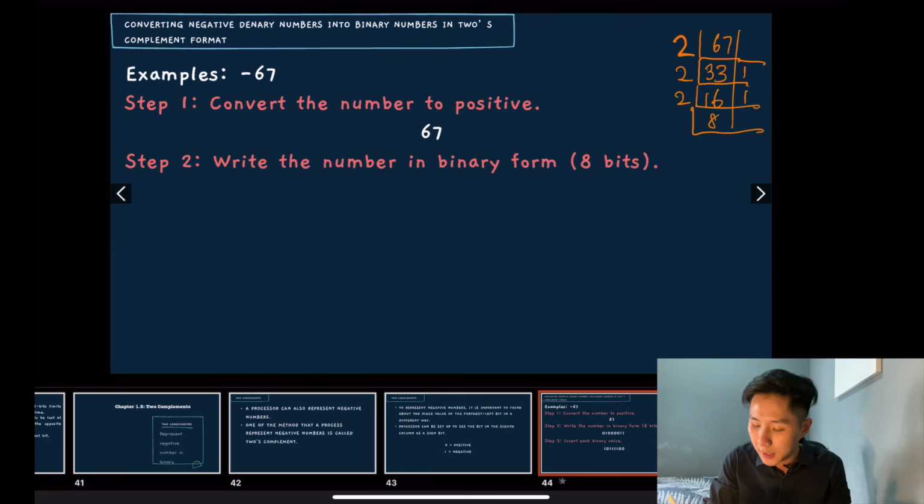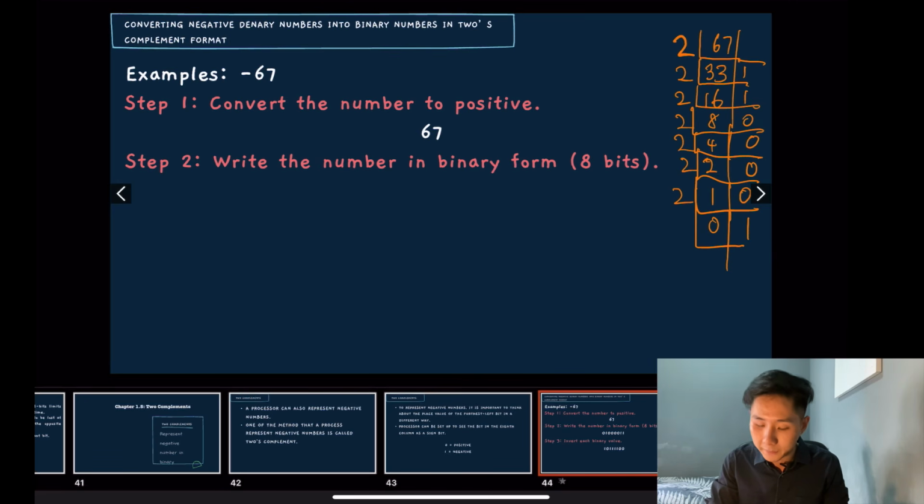And do it again and again until we divide the number until the quotient becomes 0. 2 divided by 2, we got 1, 0 as the remainder. 1 divided by 2, quotient becomes 0 and remainder 1. So our binary value should be 1, 0, 0, 0, 1, 1.